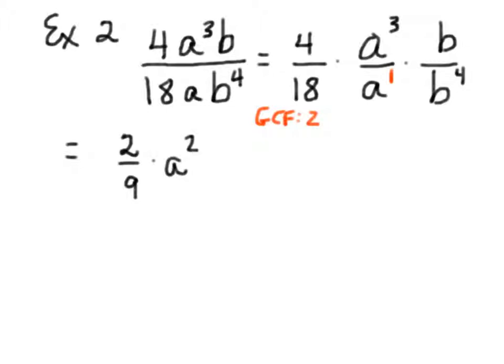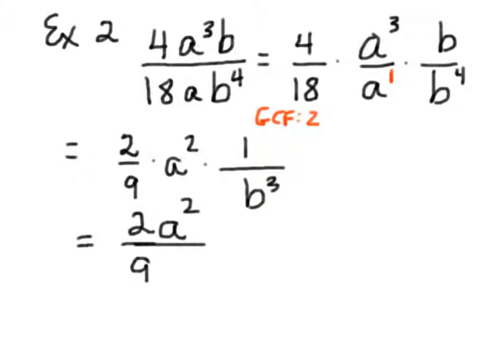And then for the last one, this 4 right here is where it's larger, so we're going to move the b to the denominator and subtract. And again, there's an understood 1 in your numerator, and that gives us a simplified expression of 2a squared over b cubed.